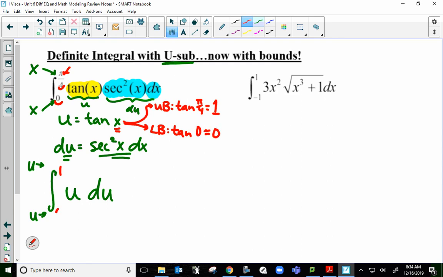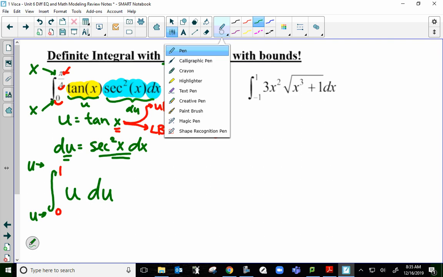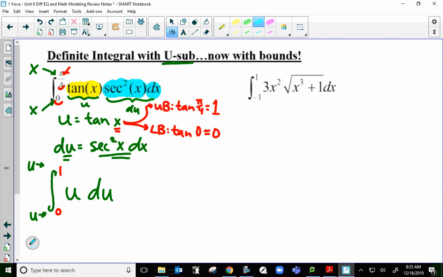So, now, why is this good to do? Could I have done this U sub without changing the bounds and then put my tan of x back in for U and then done my bounds? I could have. However, on the AP exam, and I've said this before, they will give you an equation like this.